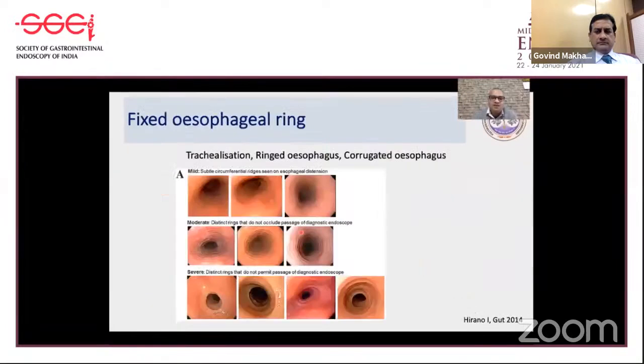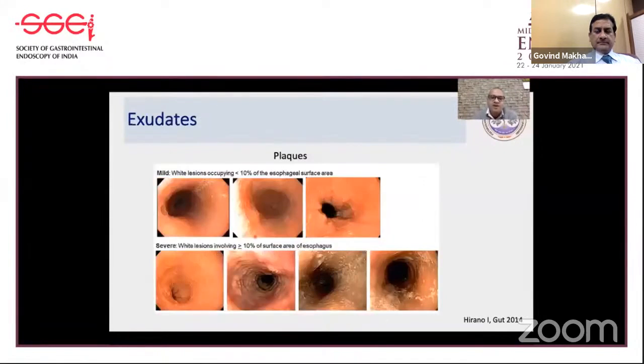Here you can see fixed rings, also called trachealization or corrugated appearance of the esophagus. They may become severe, so much so that even the endoscope may not be passable. This is how this particular factor is scored. Then you could have exudates.